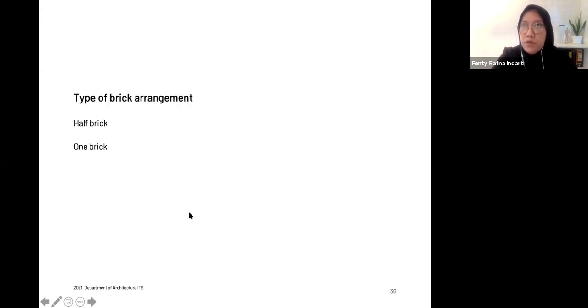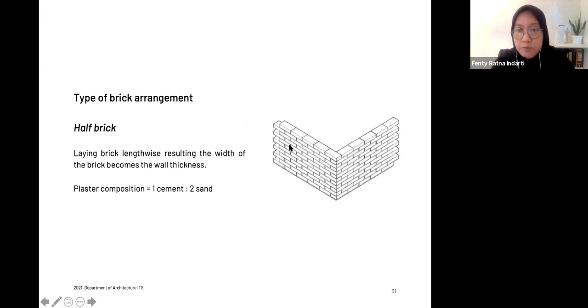There are types of arrangement that are commonly used in local practice, called half brick or one brick. So the half brick is actually like this. The brick is laid lengthwise, so you use it like this.